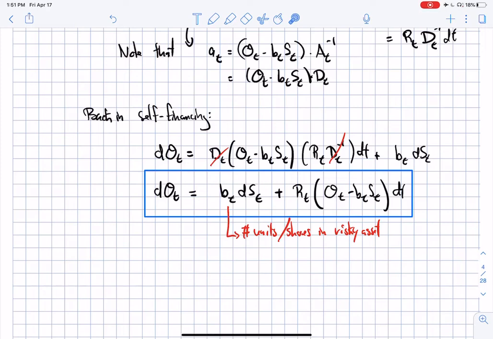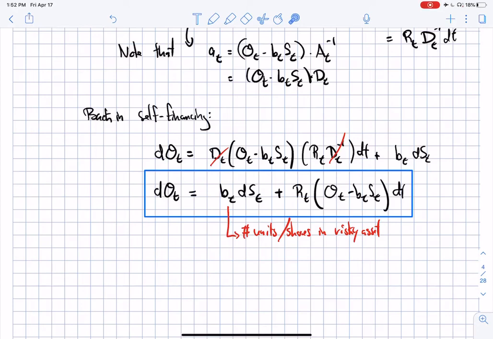I own O_t, the value of the option, minus whatever I put in the stock. The rest of the money I put in the risk-free asset, which grows at the interest rate r_t. So the variation in my portfolio is the variation due to the risky asset times the number of shares I own, plus the rest of the money that I put in the risk-free asset that grows at the interest rate r_t.